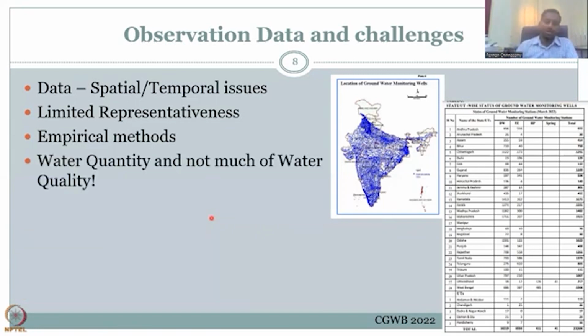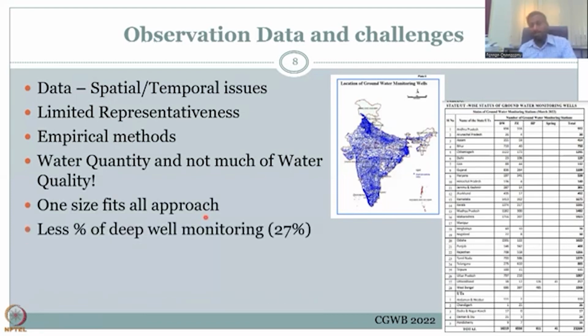The recharge estimates are done using empirical methods, not only physically based methods, and water quantity is measured, not quality. This leads to a one-size-fits-all approach to management, where they say, just put in some groundwater recharge structures and it will work. It won't work everywhere. There needs to be some scientific understanding.